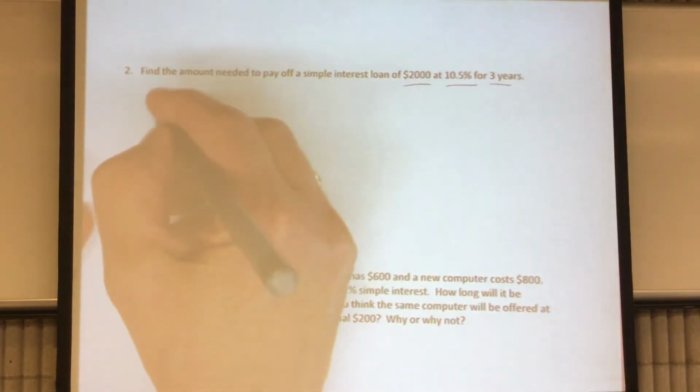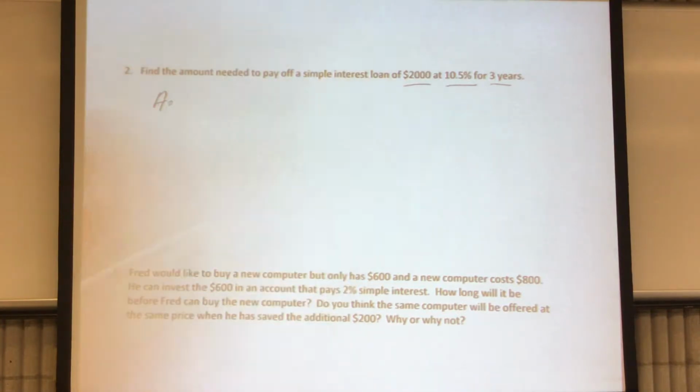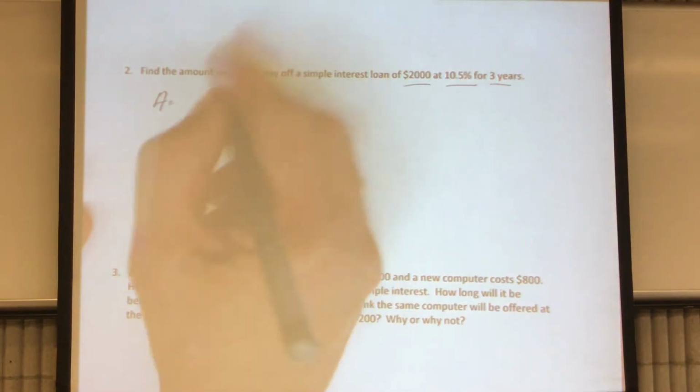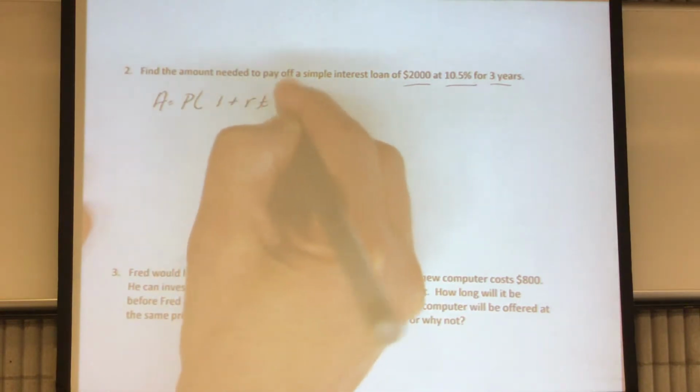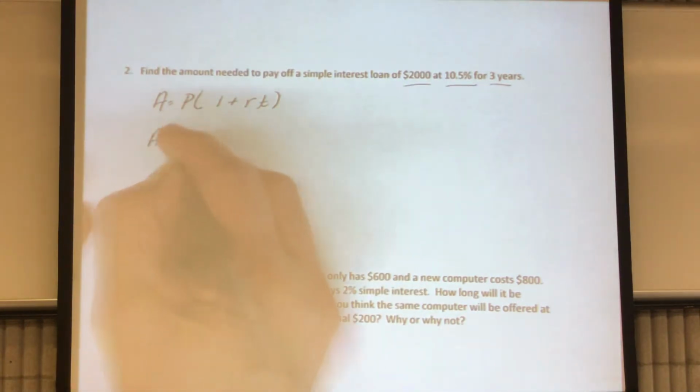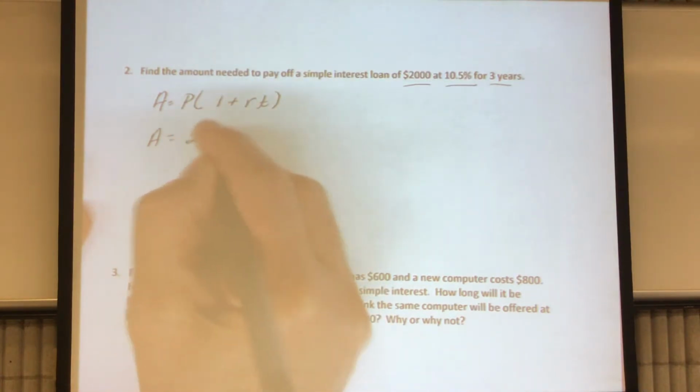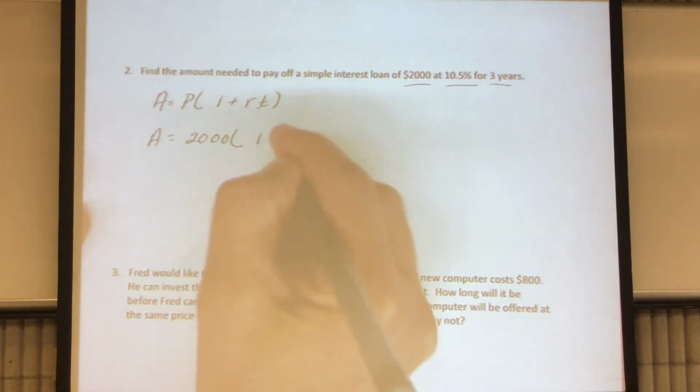So here we have our formula for the amount due, which is A equals P times 1 plus RT. So the amount due is equal to the principal of 2,000 times 1 plus the rate.